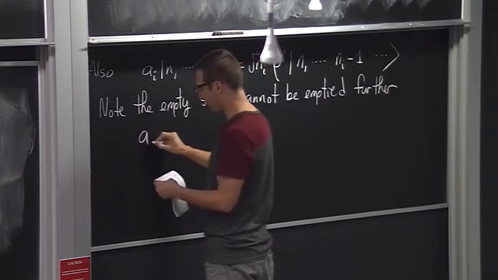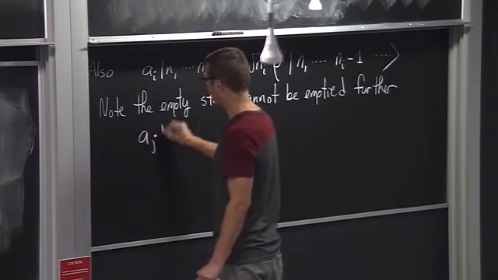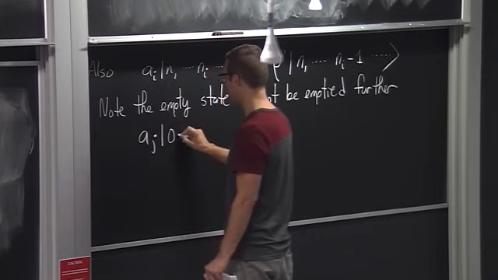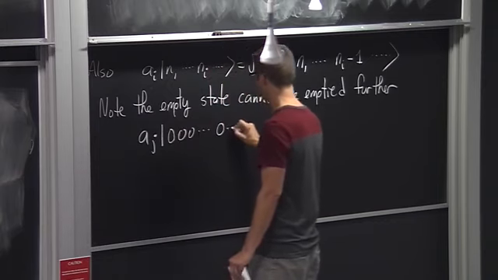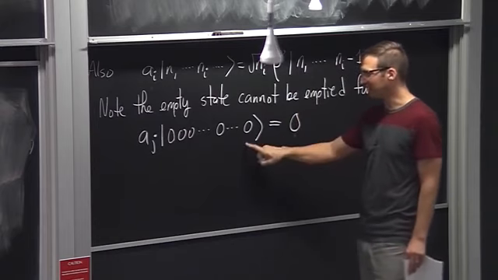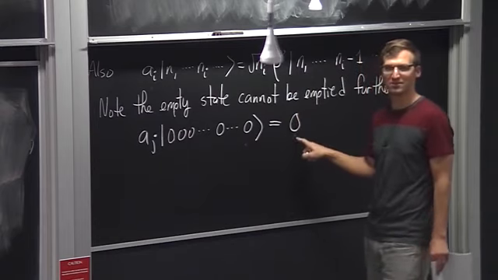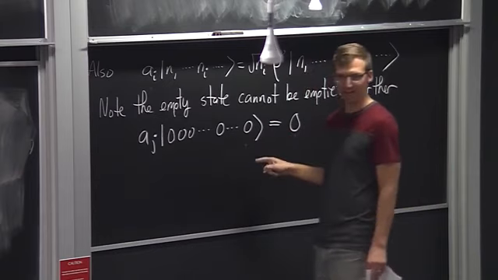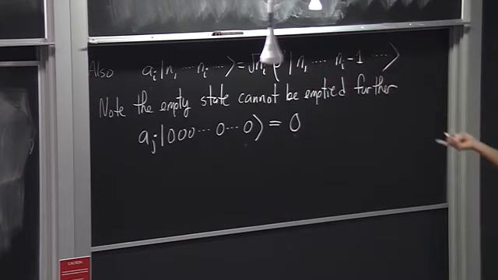So if you operate by A on the vacuum, which is just 0, 0, 0, 0, 0, you get 0, which is different than this. It's 0. This is the vacuum state. And if you apply the lowering operator, or the annihilation operator, you kill that state, right?